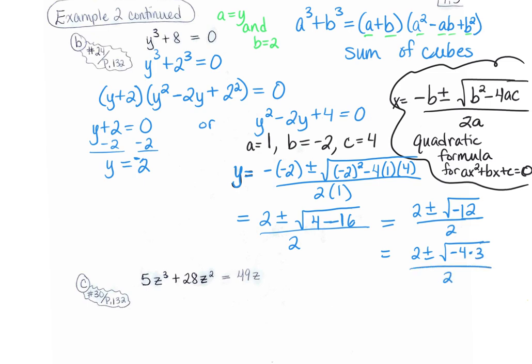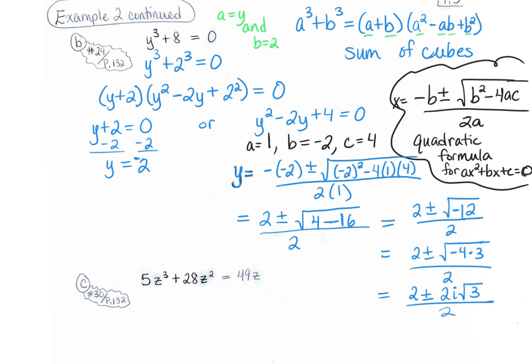And what is the square root of negative 4? 2. What is it? Square root of negative 4? 2i. And notice we don't have to worry about the plus and minus because we already got plus and minus here. So plus or minus 2i times the square root of 3. All of that over 2.